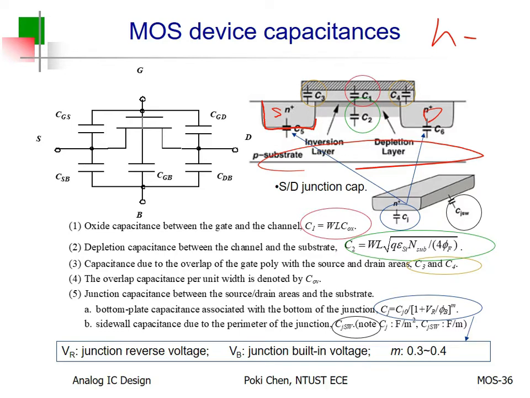So, who dominates the parasitic capacitance for source and drain? We call it side wall, 边墙,侧墙, side walls. How many side walls do you have? In theory, 4. 1, 2, 3, 4.